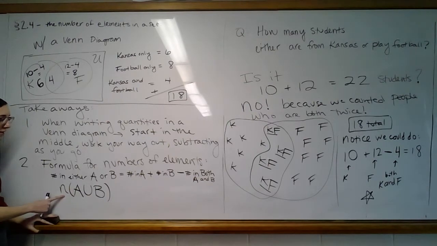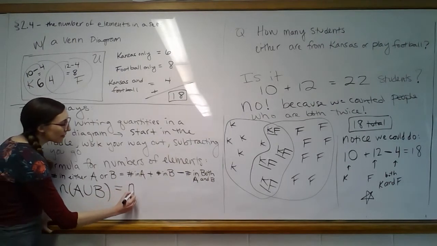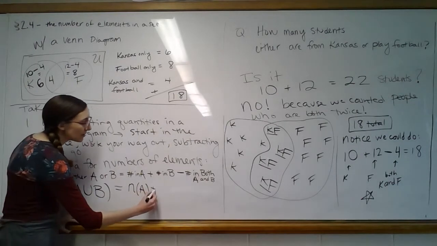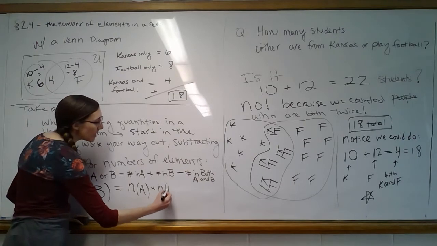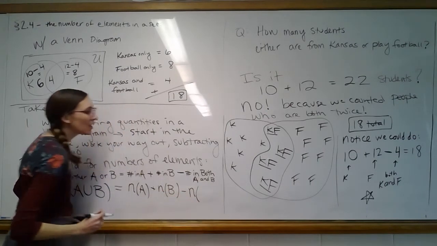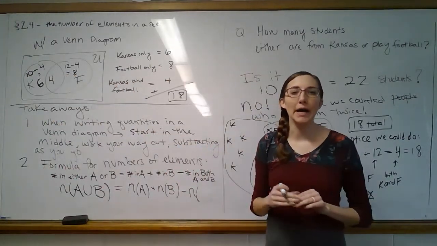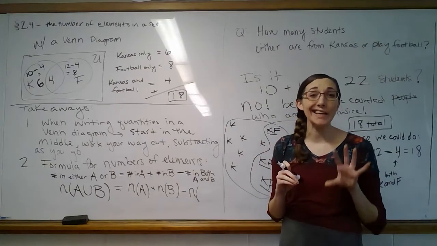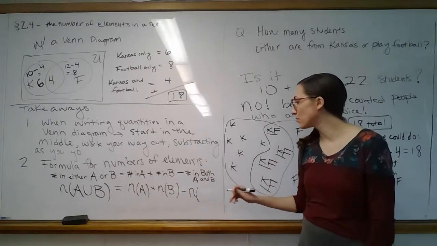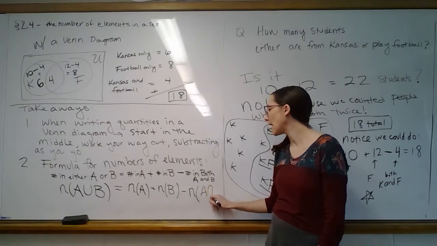So the number of elements in A or B is the number in A plus the number in B minus the number in both A and B. Notice that overlap is the intersection.